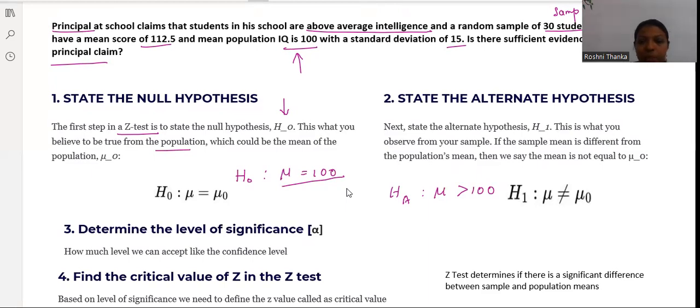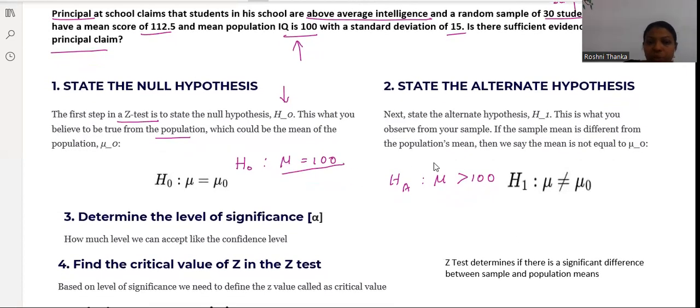The opposite is the principal's claim. They said it is above that, so the mean value is greater than this value. So our alternative hypothesis is the opposite of that: mu is greater than 100.